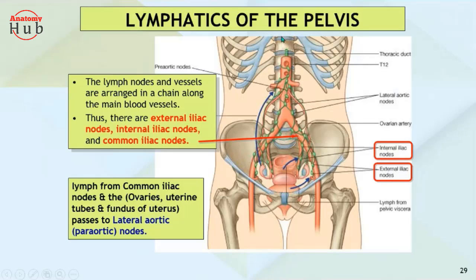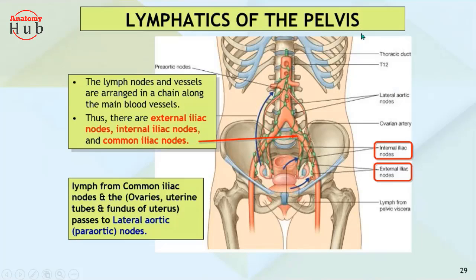At the T4 vertebra, this thoracic duct will be posterior to the esophagus, then it will become left to the esophagus, then that thoracic duct will go up to the root of the neck. Then at this neck region it will drain to the, what is that, left subclavian vein.